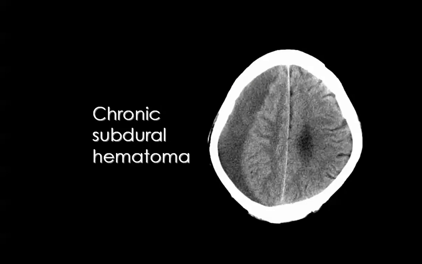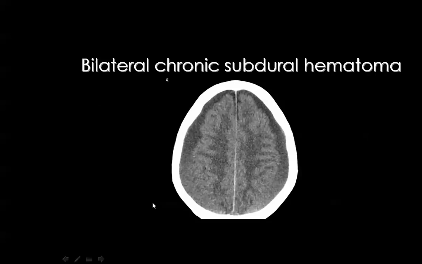This is a chronic subdural hematoma showing hypodense texture compared to the brain parenchyma and is outside the brain parenchyma, as you can see by the displacement of the gray-white matter interface and the compression of the ventricle. Frequently, the subdural hematoma occurs bilaterally. Then you can see here bilateral chronic subdural hematomas.